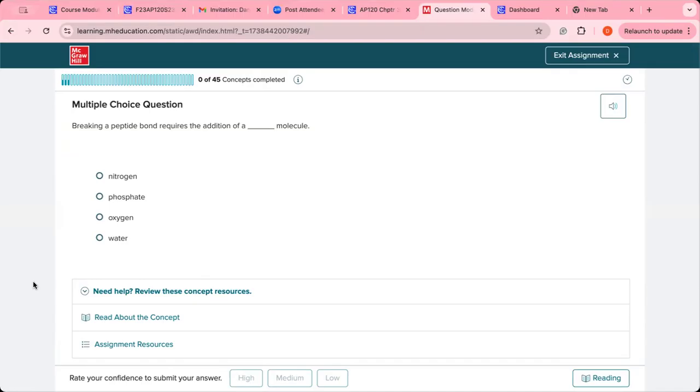Oh, I guess that's what happens in hydrolysis. Requires the addition of. Okay, let's see. There's a flashcard here. Let's see if it tells me. That's enzymes.